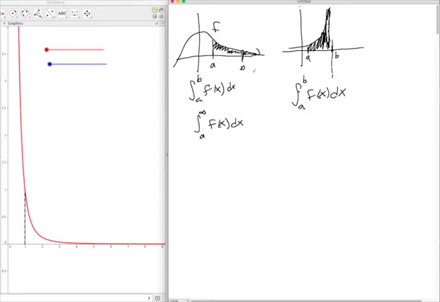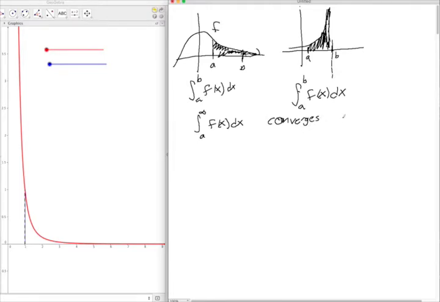One more thing before I actually do. In either case, if this area actually approaches a number, in other words, there's an answer for it, we say that the integral converges. The area converges.